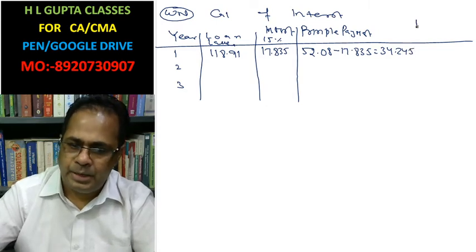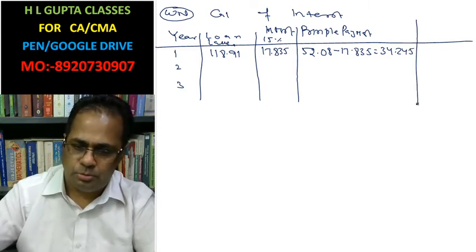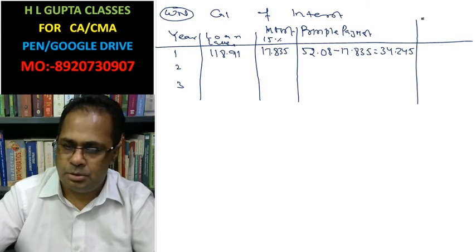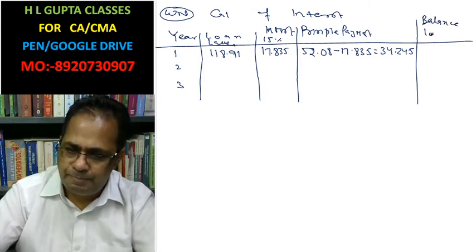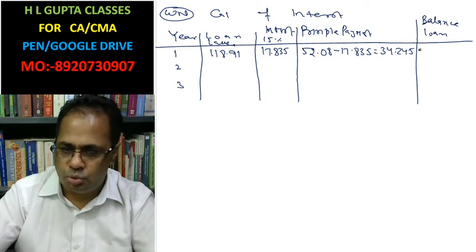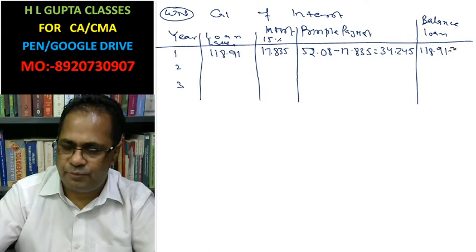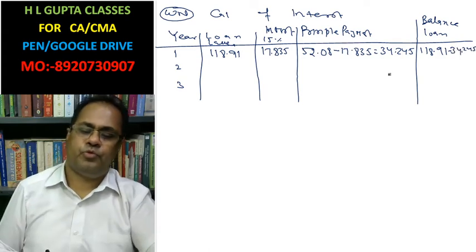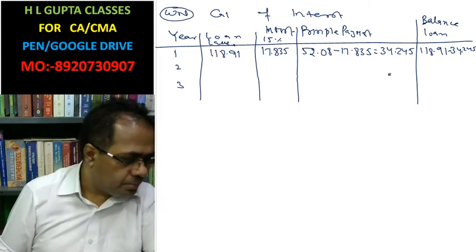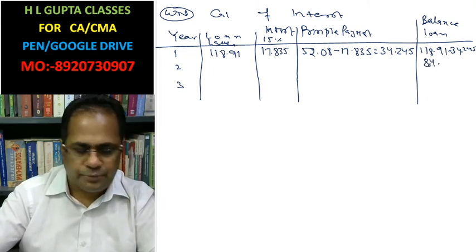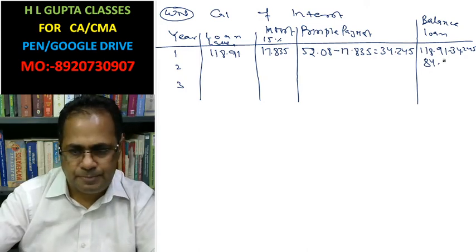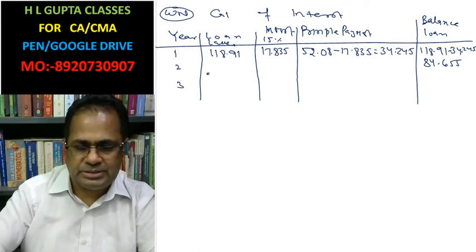Now balance loan is 118.91 minus 34.245. Now the balance loan is 84.655.